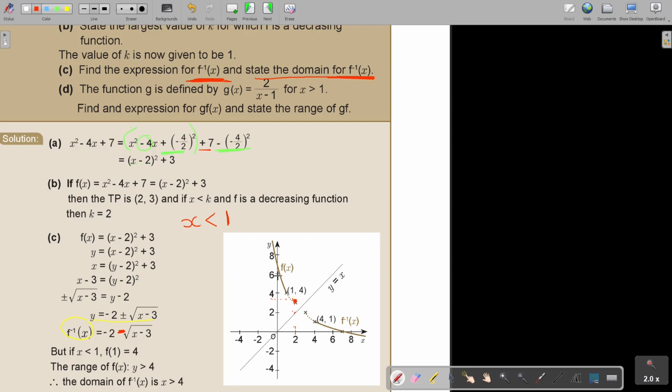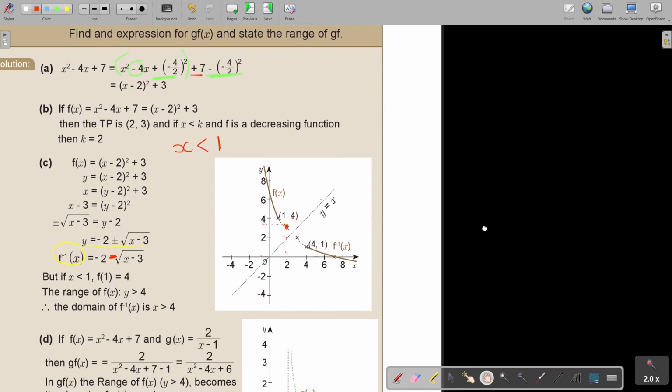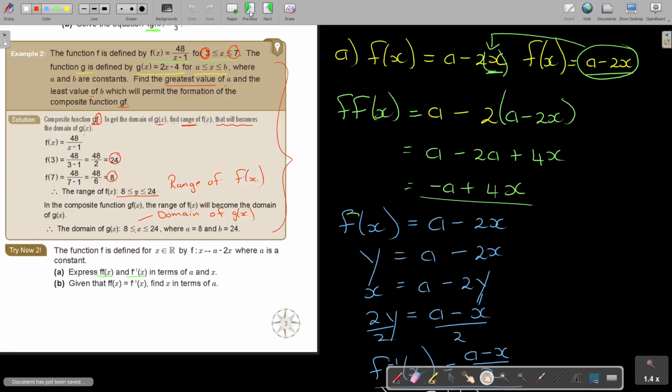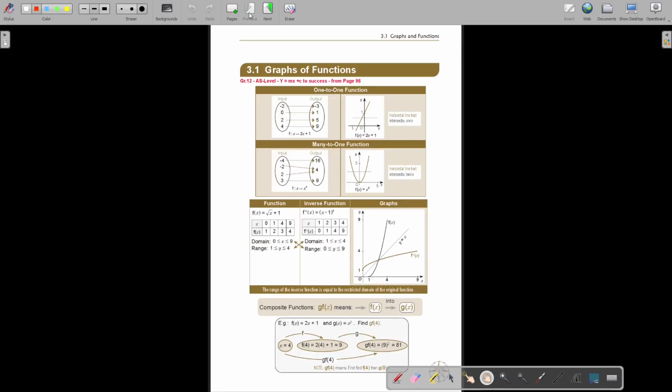The graph will always be a reflection in the line y equals x. But what I must do now is I need that y value. If you substitute 1, you get 4. But now I want to take you back to the beginning, and this is very important.